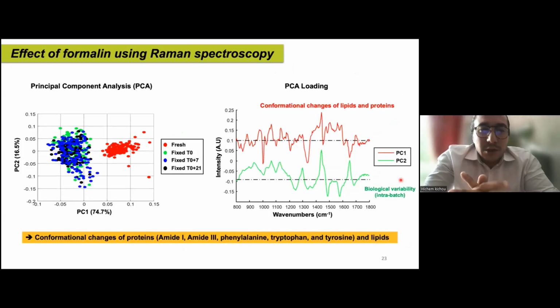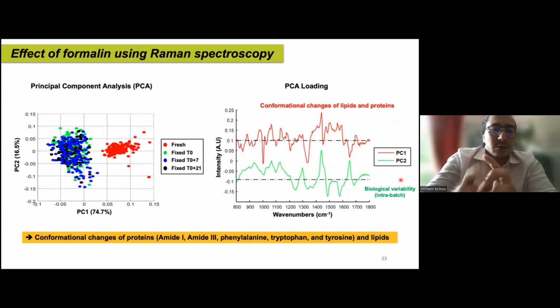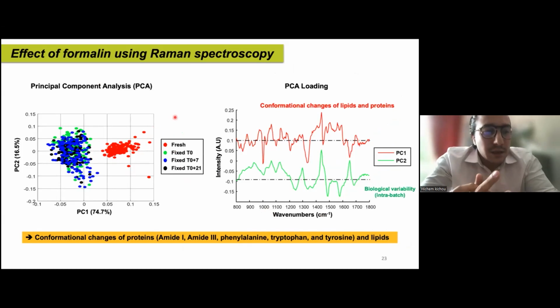The confocal Raman spectroscopy analysis combined with statistical techniques, including principal component analysis, identified biomolecular differences. As we can see in the scatter plot here, there is an obvious difference between fresh samples represented in red and fixed samples. This difference is attributed to biomolecular differences between fresh and fixed samples.